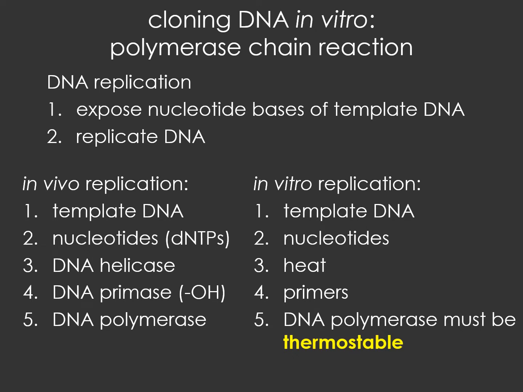the template DNA. Imagine you have the human genome, 3 billion base pairs, and you want to amplify or copy or clone the gene for insulin. You have to have a way of directing the DNA polymerase to that insulin gene, and you do that by providing primers. Primers are short, single-stranded pieces of DNA which are complementary to the outside edges of your gene of interest.